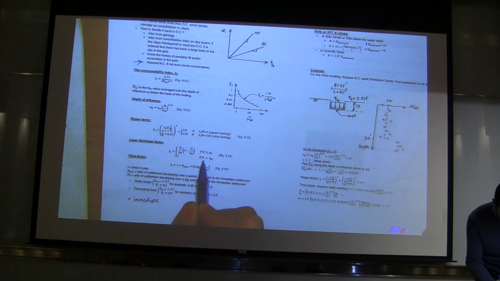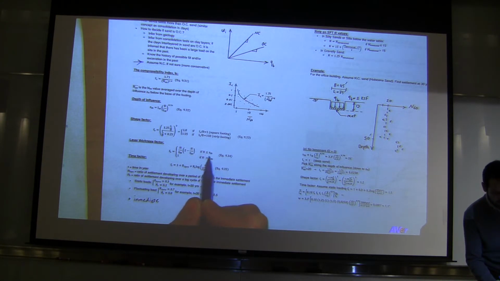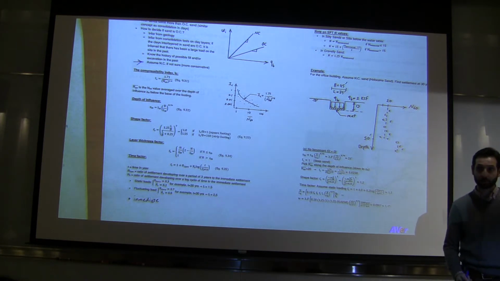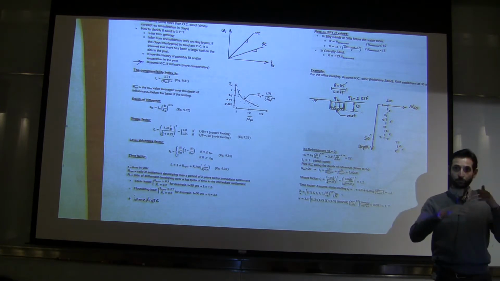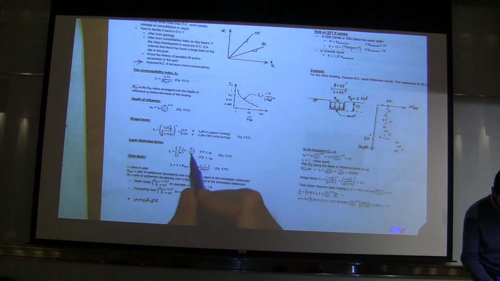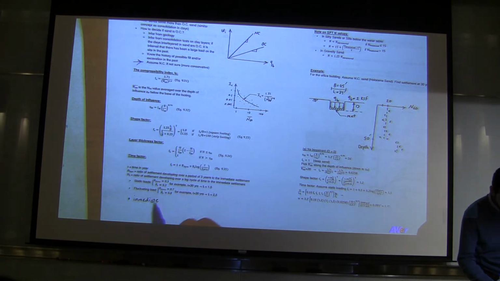It's based on H greater or smaller than the depth of influence. So if your H is larger than the depth of influence, that factor is 1. If it's smaller than the depth of influence, that factor becomes something smaller than 1, because you're hitting bedrock too soon. You're not going to get that much. Your settlement will be reduced, because this factor will be smaller than 1.